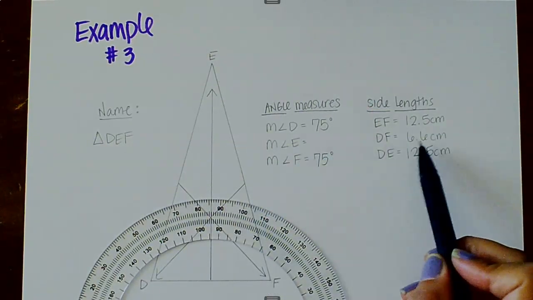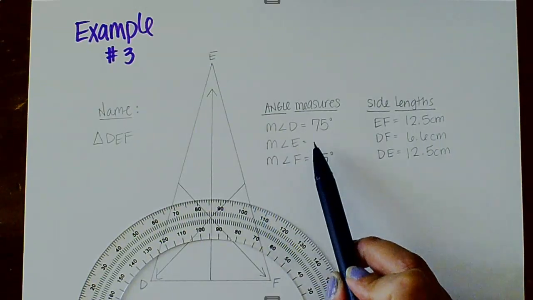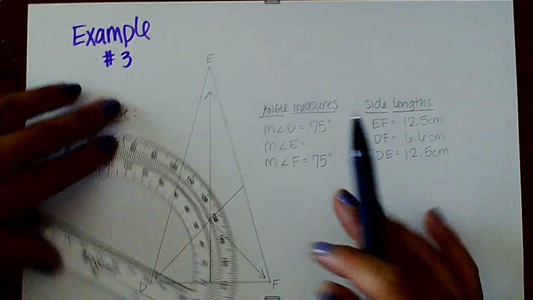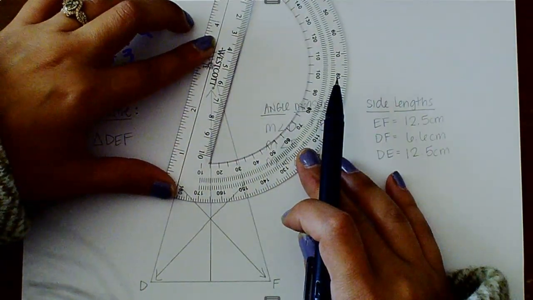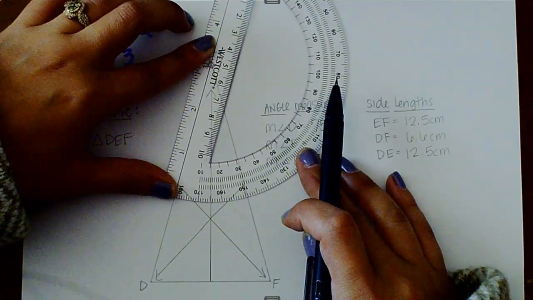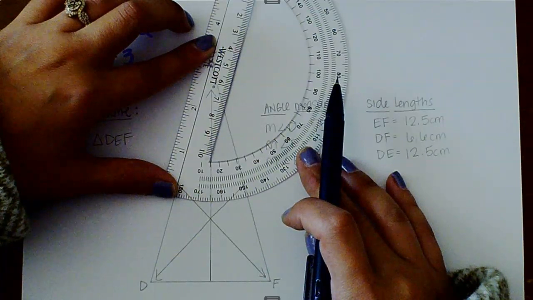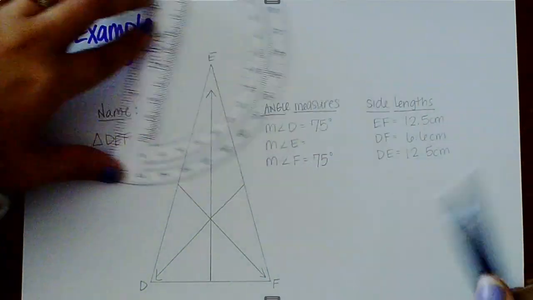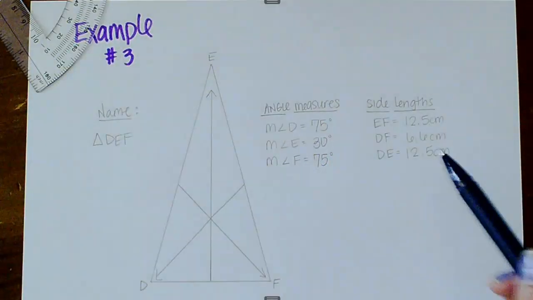Okay, and then since this is our shortest side, this should be our smallest angle. So angle E, if we measure this one, it is, let's see, 30 degrees. All right, so that does hold true.